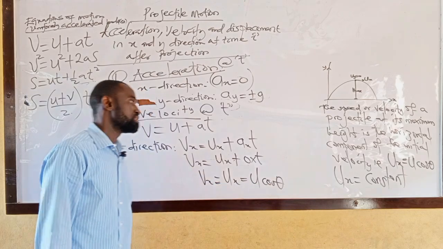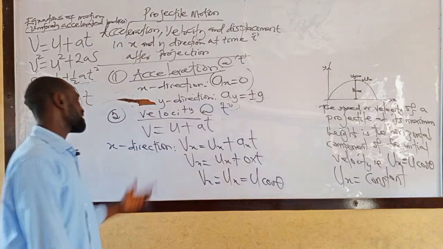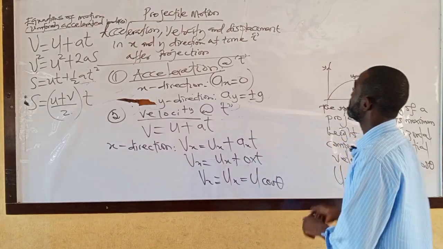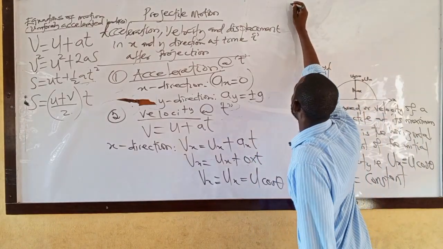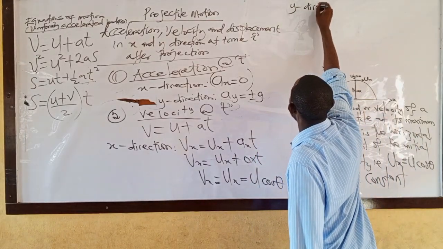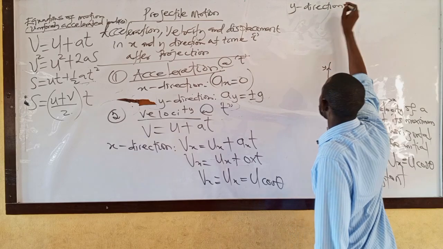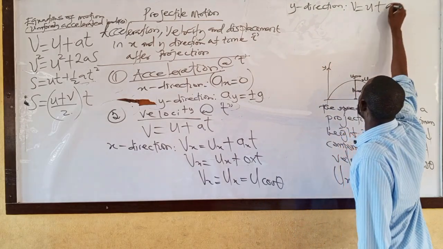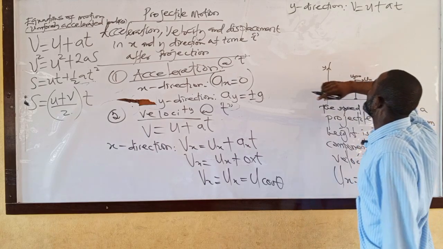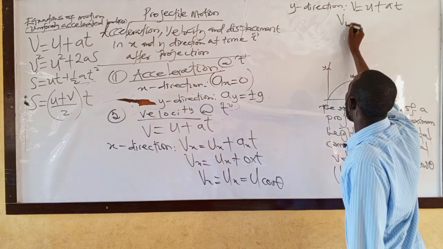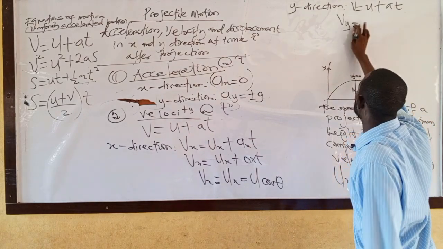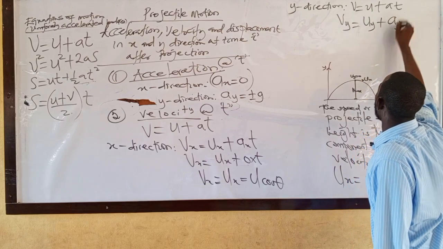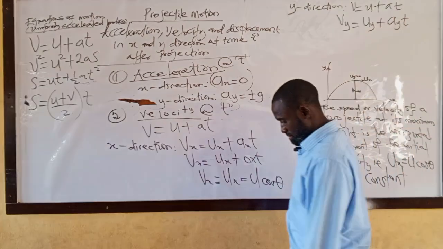What about the vertical direction? Let's take the y direction, which is the vertical direction. So we have v equals u plus at, so v of y equals u of y plus a of y times t.